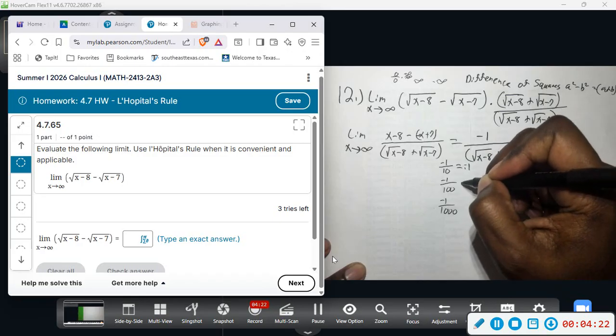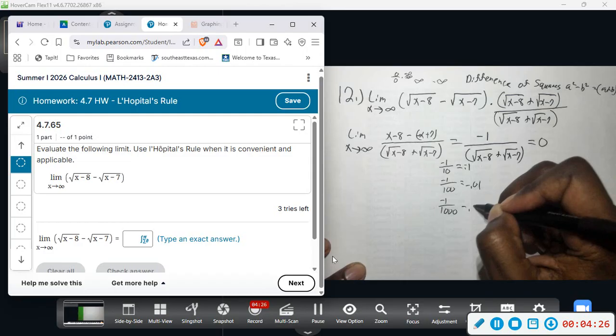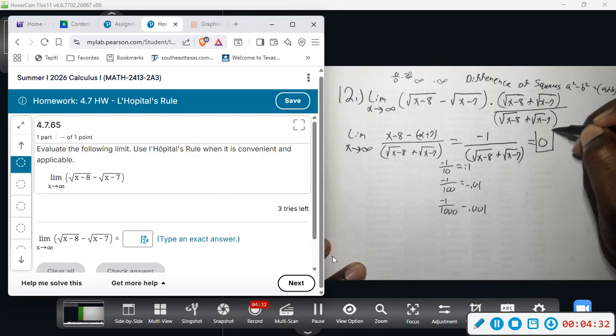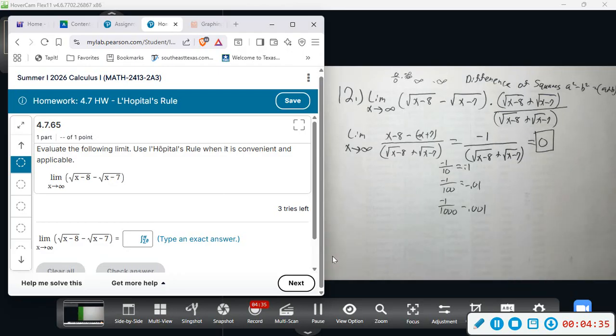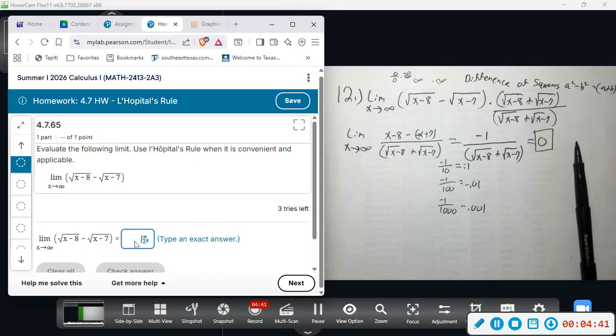That'd be negative 0.1, negative 0.01, negative 0.001. We're just trying to figure out what this overall value is approaching, and we can get it by doing a manipulation of the problem. So the limit is 0 for this one. Didn't have to use L'Hopital's rule.